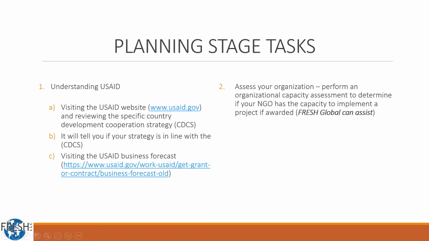Then you want to assess your organization, perform an organizational capacity assessment to determine if your NGO has the capacity to implement a project if awarded. And that's where Fresh Global can assist you in doing that assessment and building that capacity. When we talk about capacity, we're looking at financial systems, organizational systems.